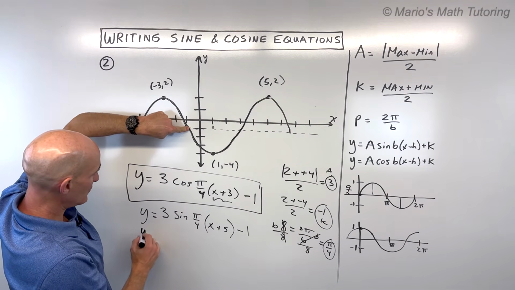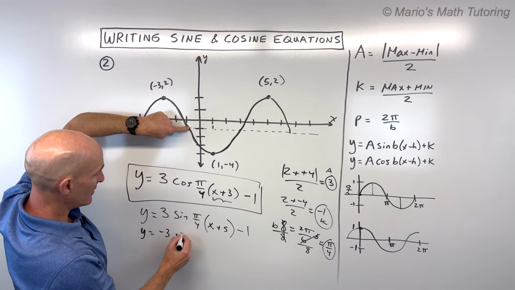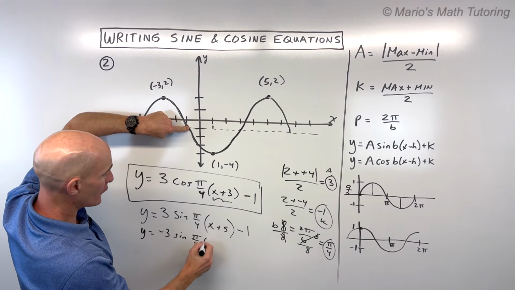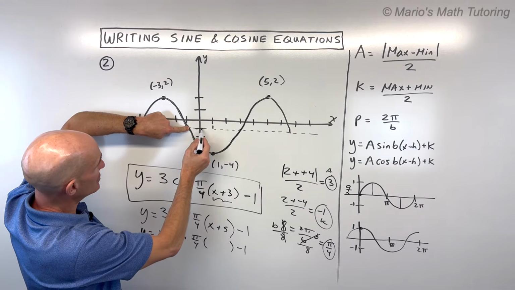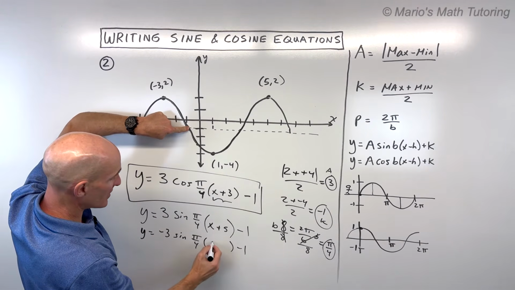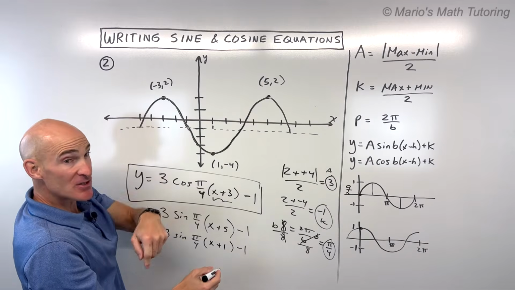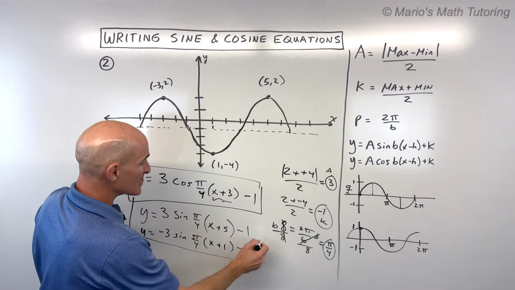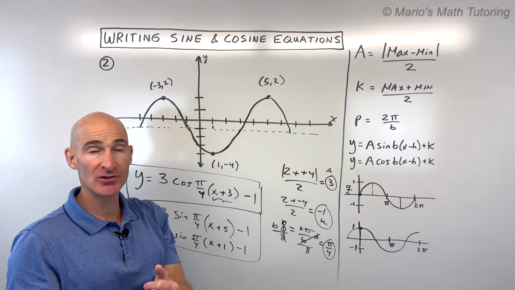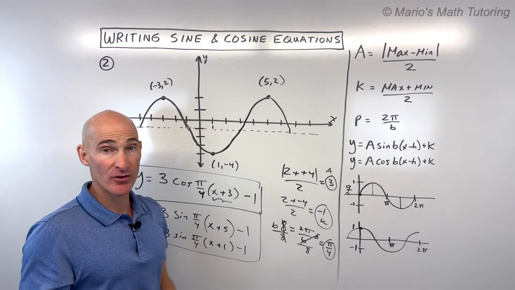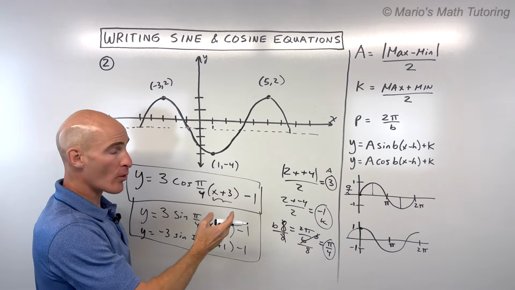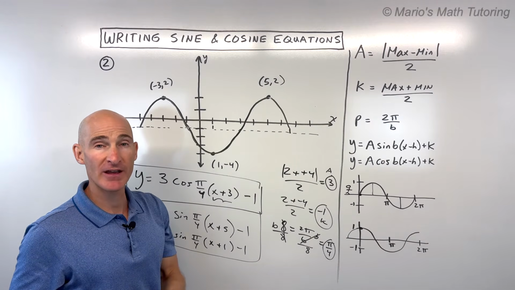So another option would be y equals negative 3 sine pi over 4, and in this case it's just being shifted to the left one. So I could say x plus 1. So you can see a lot of different options, but if you can identify the amplitude, the b value, the k value, which is a vertical shift, then you just have to figure out where you want this graph to start. What's my phase shift?